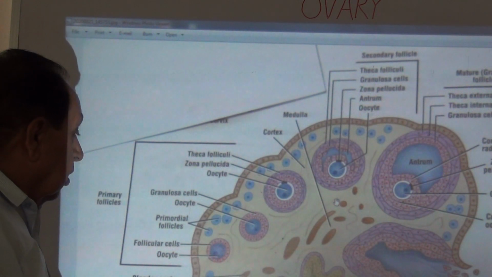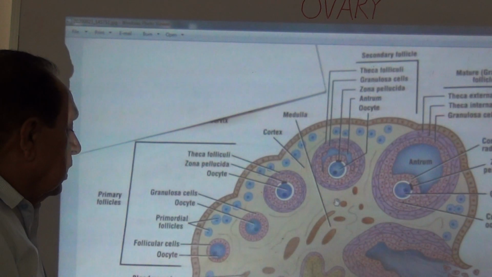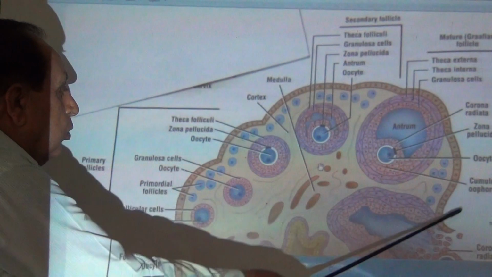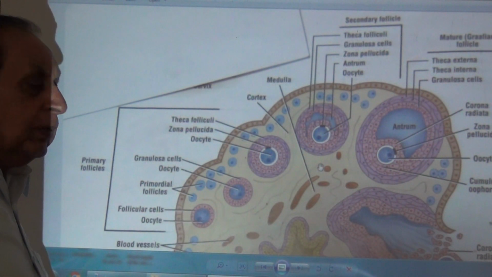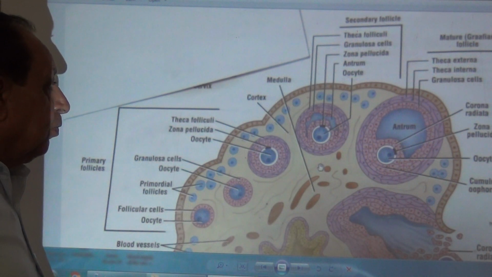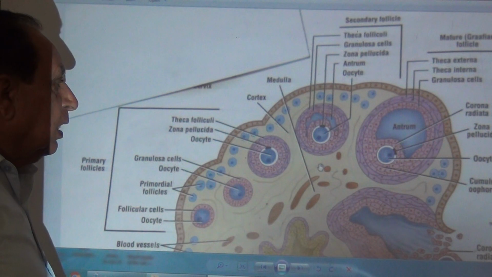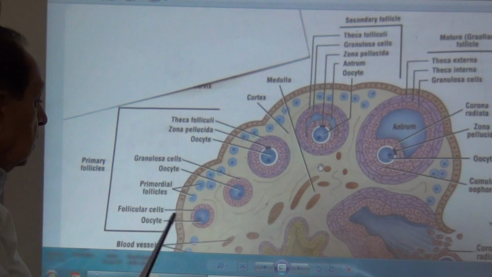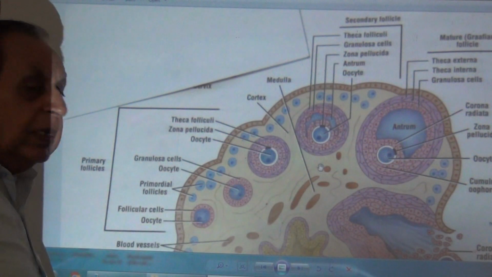At the region of the hilus, the squamous cells change to cuboidal cells, and these cuboidal cells are incorrectly called the germinal center, because no germ cells are formed here. So the first outer layer covering is the germinal epithelium.